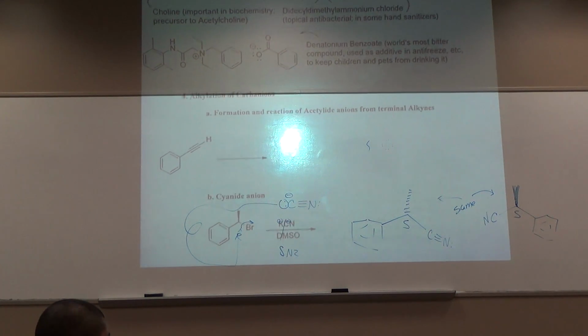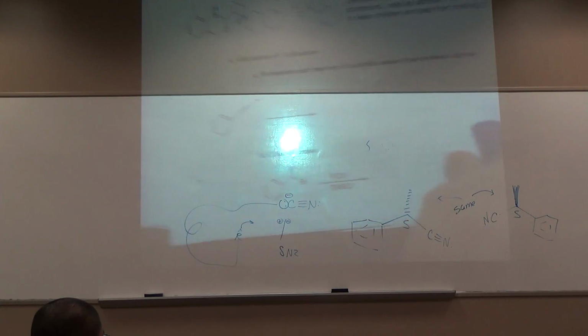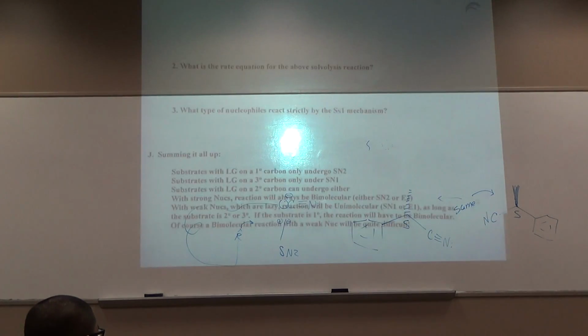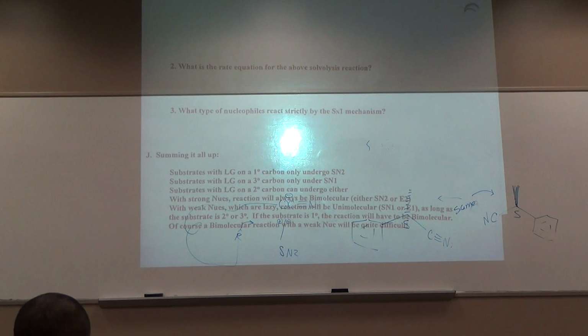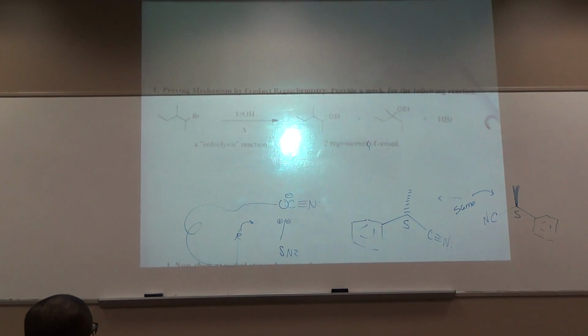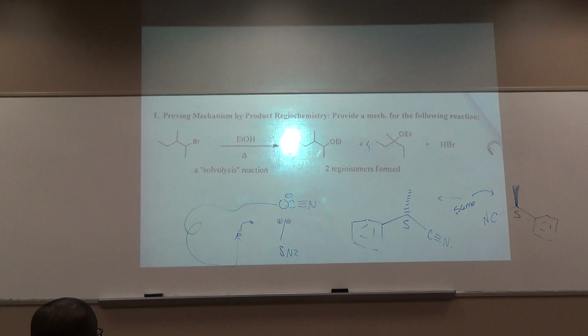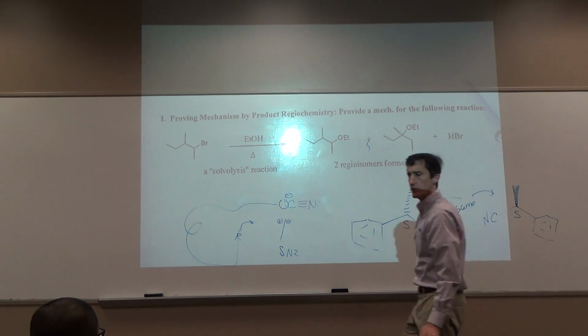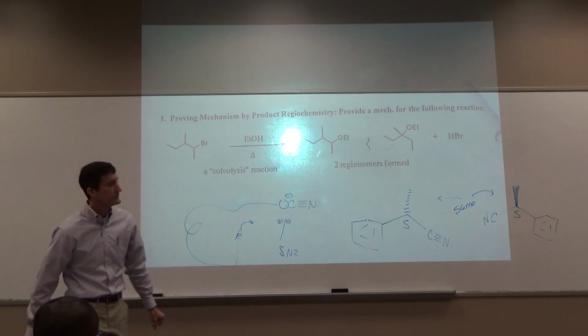So that's actually an example of carbanion. Now, cyanide, typically you just buy. You don't have to make the anion. Okay, so those are a couple of examples of carbanions acting as nucleophiles.